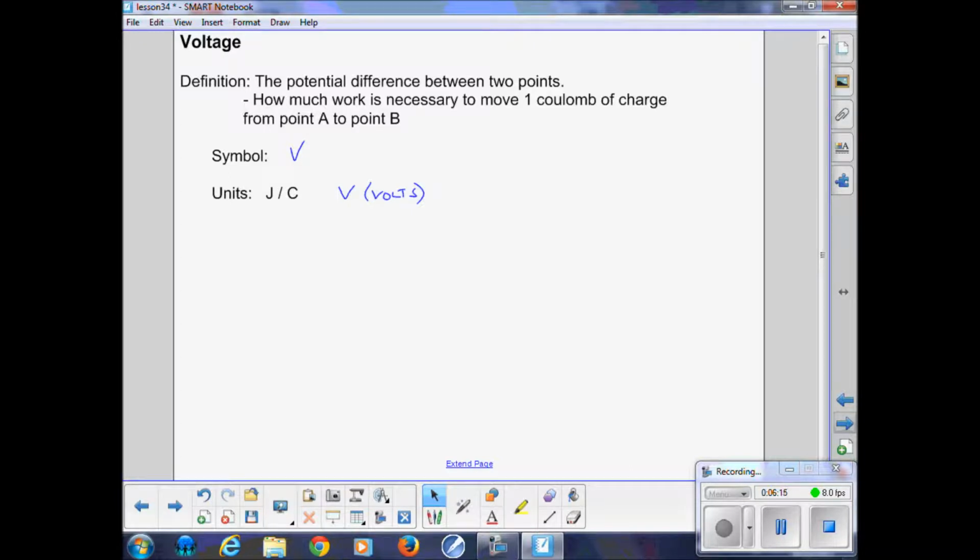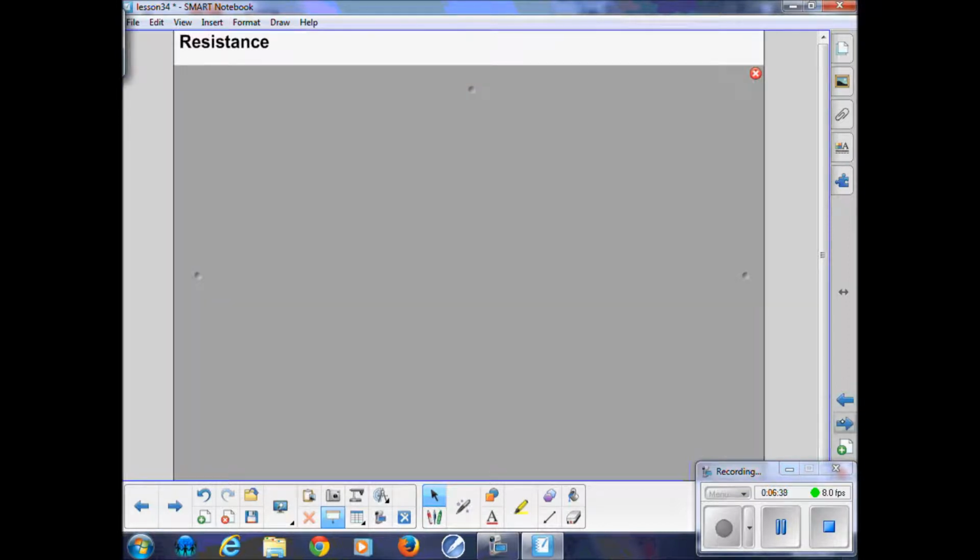Now remember, another word for work is energy. So how much energy is necessary to move 1 coulomb of charge from point A to point B? For voltage, we use capital V as the symbol. It's joules per coulomb, and its units are volts. Same as it was in the last course.